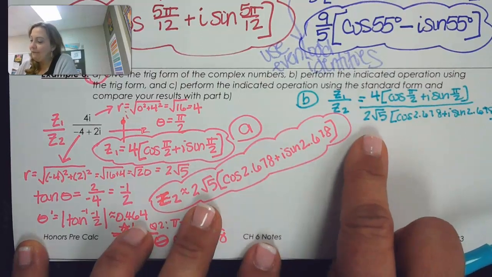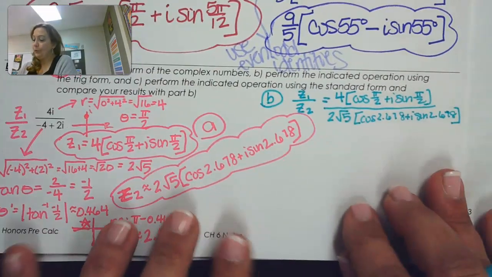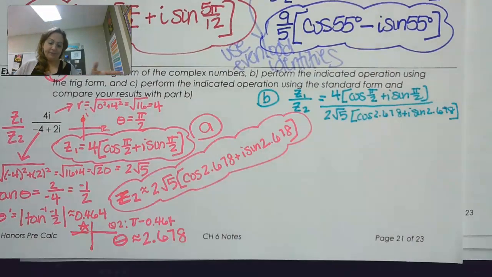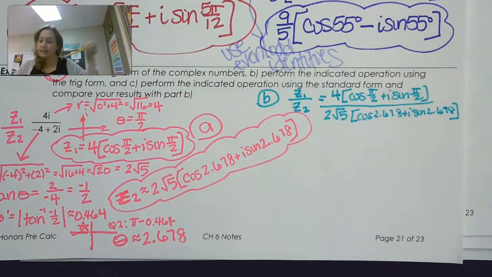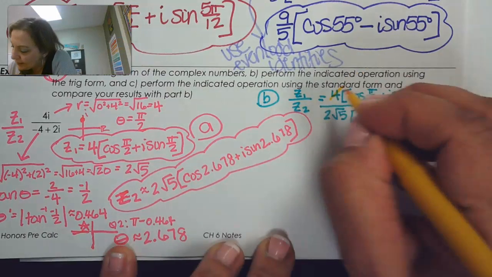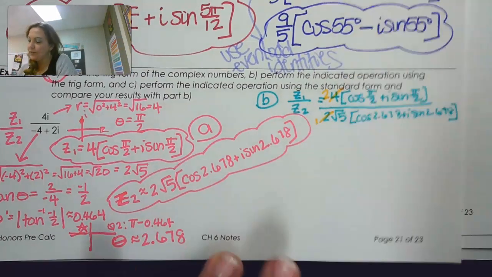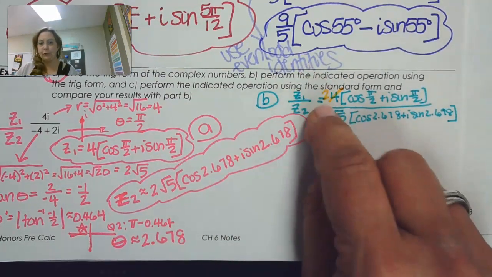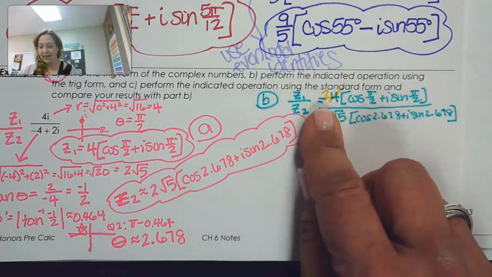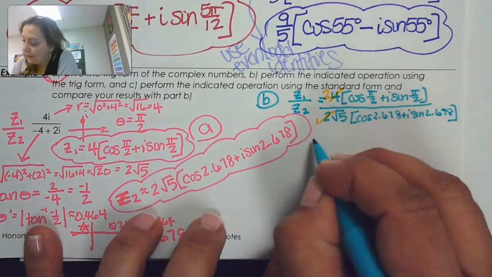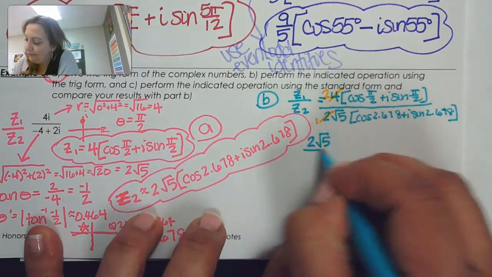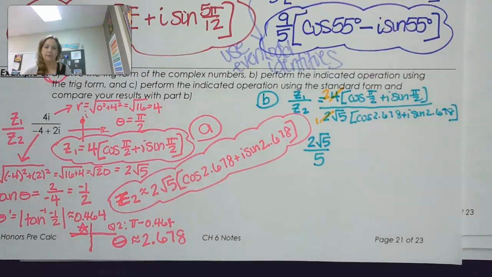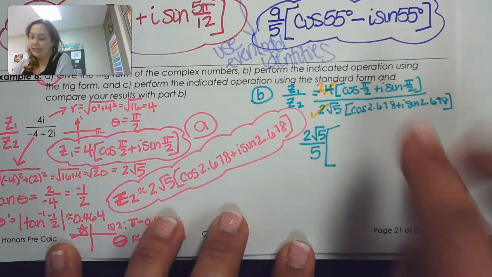Okay. So essentially what we want to do here is divide. And when we divide 4 over 2 root 5, do the cancellations here. So this would end up being 2 and 1. So I'd have 2 over root 5. And then I would need to rationalize. So there I end up with 2 root 5 over 5, if I'm rationalizing. And then in this case, I would want to subtract.